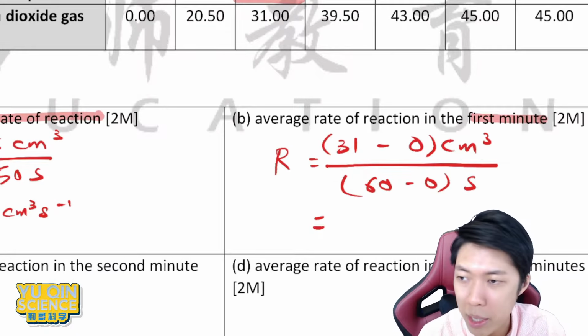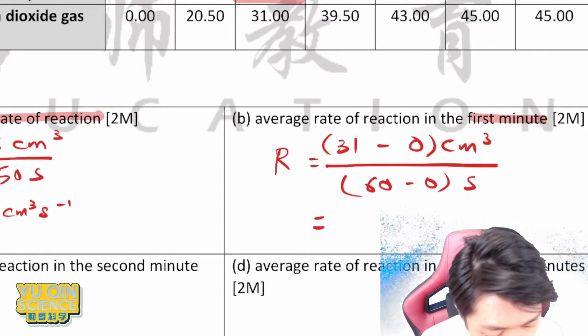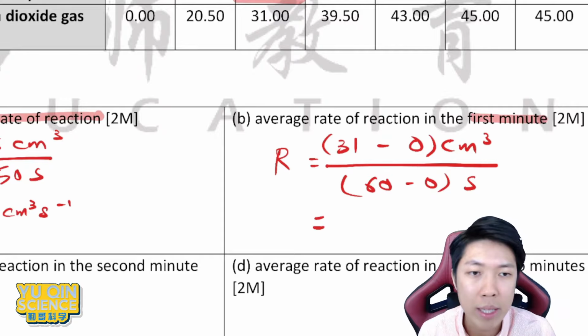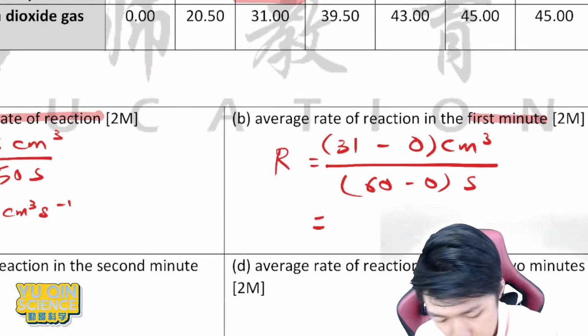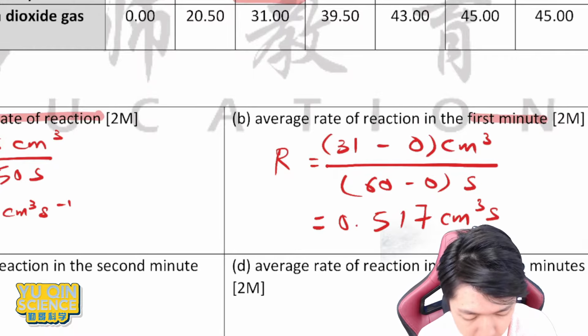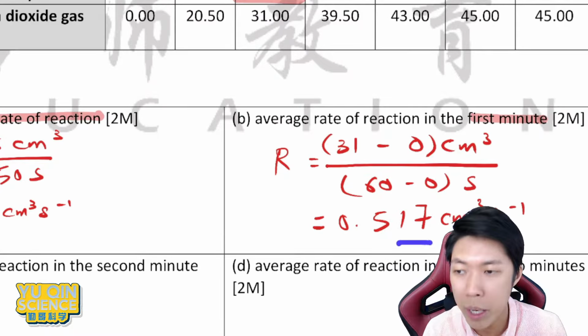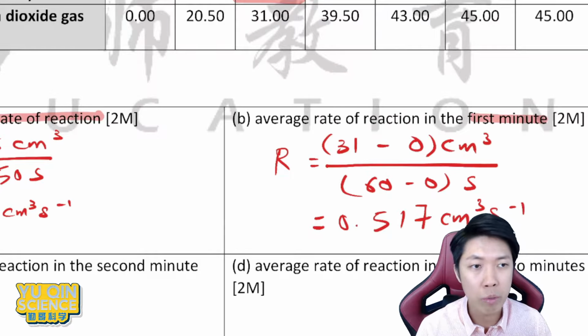But actually same as 31 over 60, 0.516. 516 is say so 517 now we can round up 0.517 cm3 s negative 1. Actually 2 decimal places also can, 3 also can. 3 is acceptable.